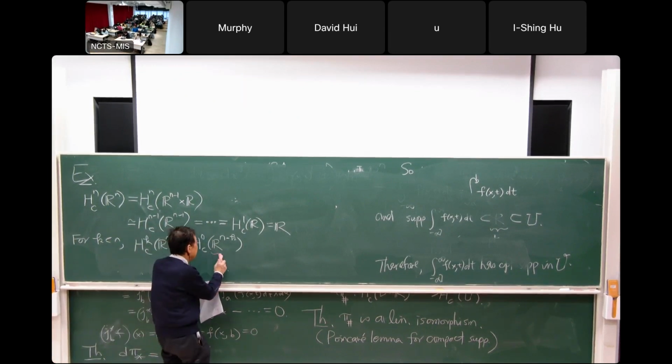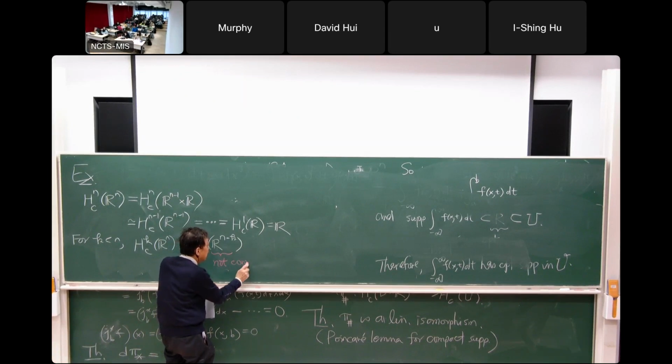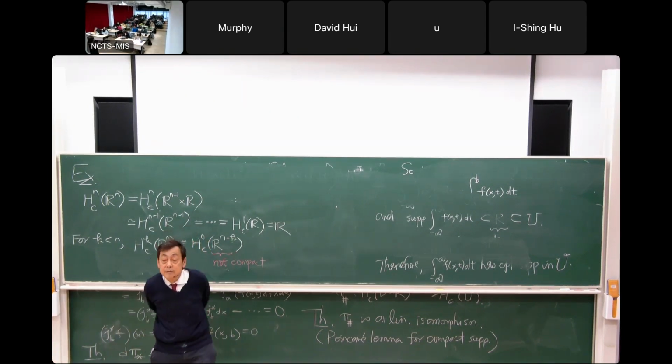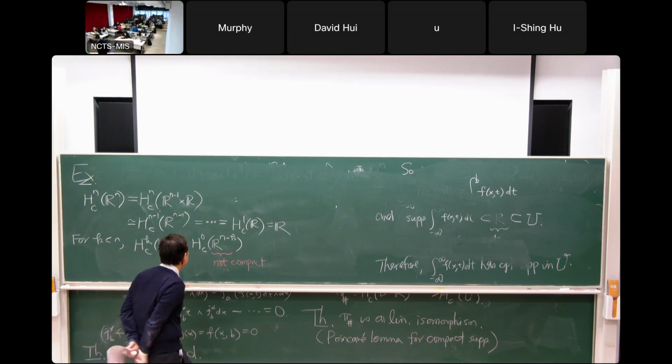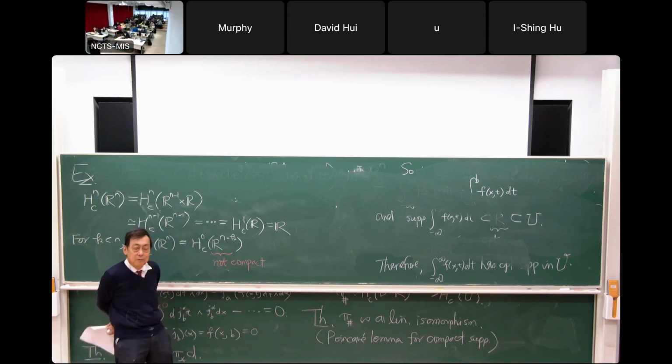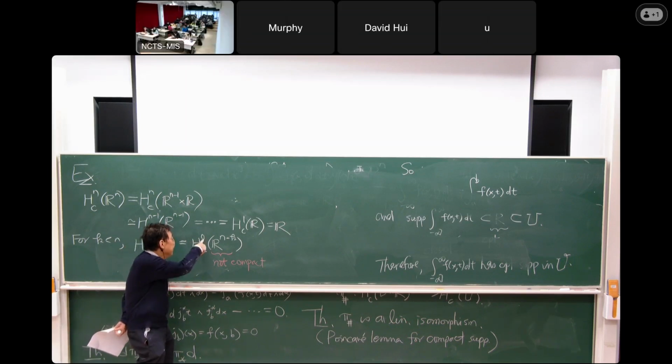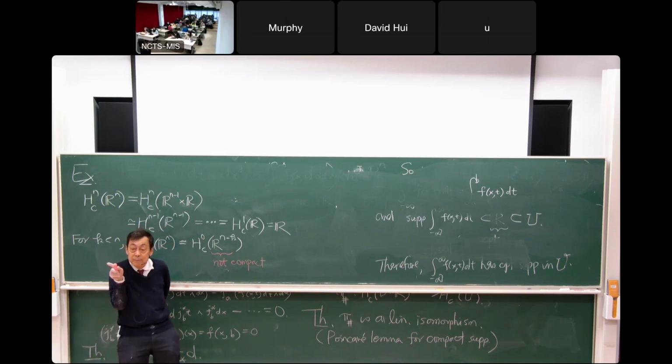So this is not compact. The Euclidean space is never compact except for R0, right? R0 is just a point. So what is this? I think you did this in your homework. The cohomology with compact support in degree 0, that's represented by a function, a constant function with compact support.